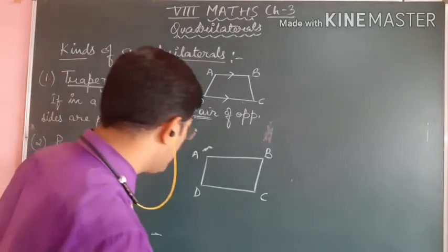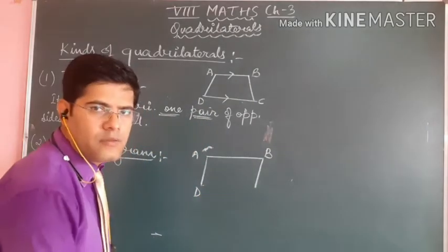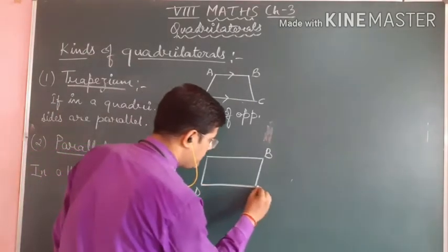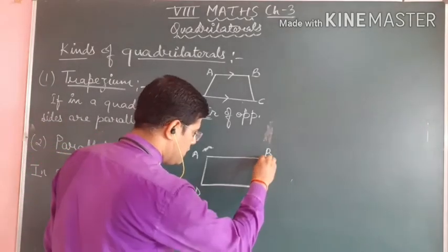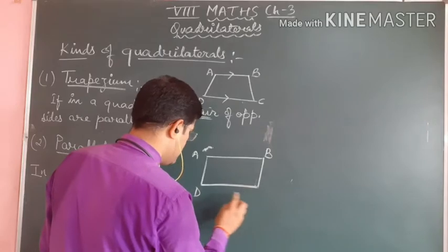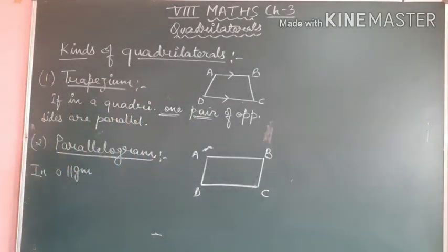The figure is not so proper, so I want to make this figure again so that it looks like a parallelogram. Yeah, this could be a parallelogram. So how do we write a parallelogram in short form? First make a parallel sign and then GM.